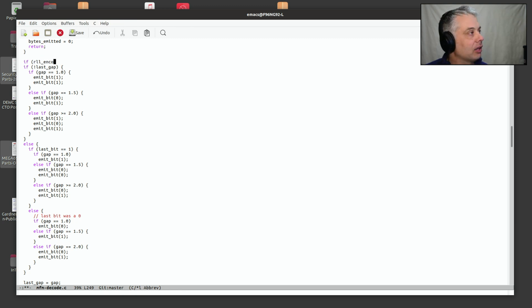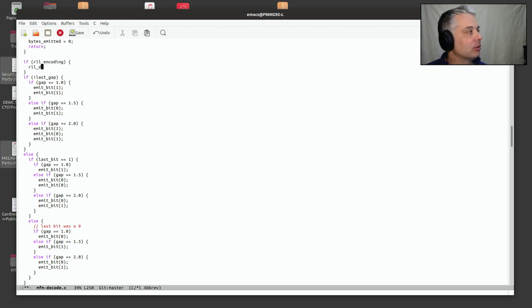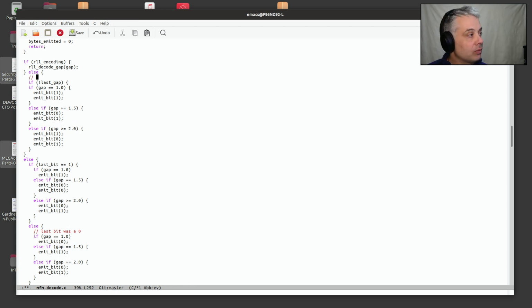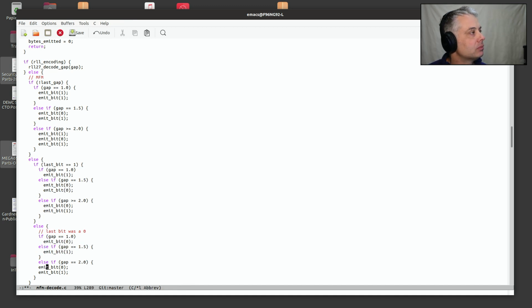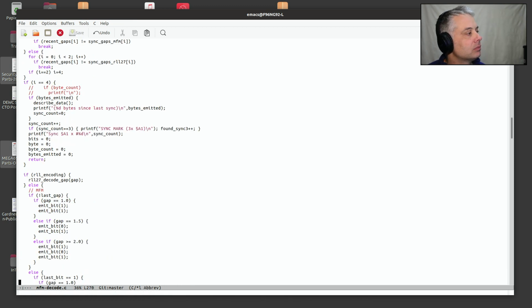If RLL encoding, RLL decode bit, or decode gap is actually what we want. Else, no, MFM. Let's call it RLL27. We call it RLL27 decode gap.